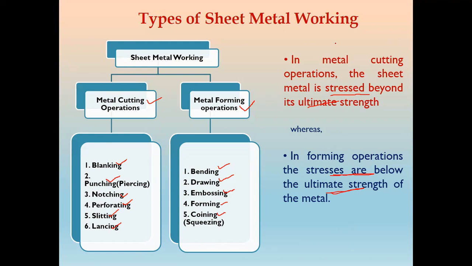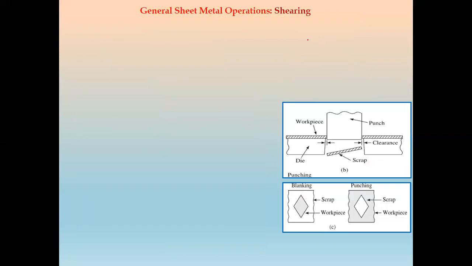If it is above the ultimate strength, the metal breaks or is cut. Below ultimate strength, the metal yields or forms to a new shape. It is called plastic deformation, where when we apply the force or stress, it will not regain its original position. It goes into the plastic region. Okay, so these are the two main types of sheet metal working.